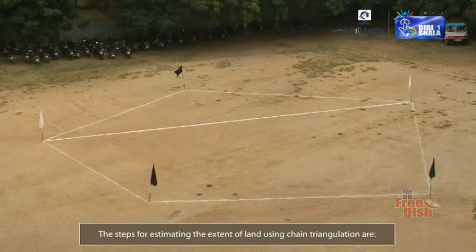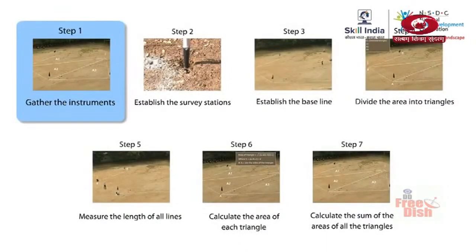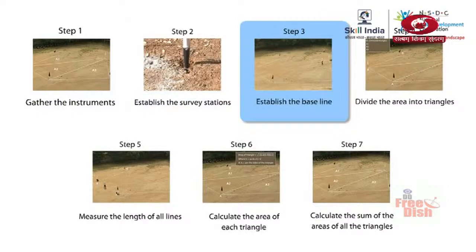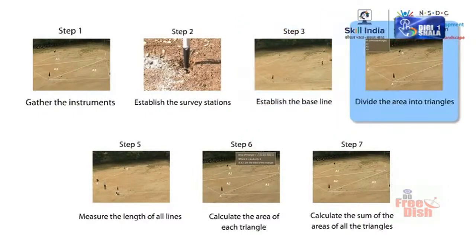The steps for estimating the extent of land using chain triangulation are: Step 1. Gather the instruments. Step 2. Establish the survey stations. Step 3. Establish the baseline. Step 4. Divide the area into triangles.